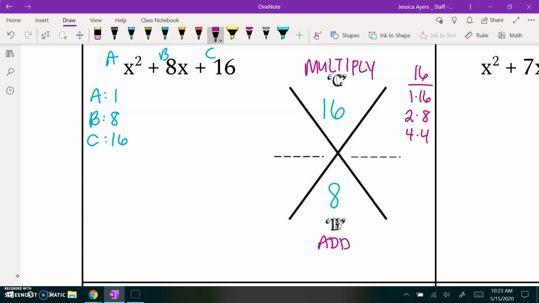You write out that list, that helps you to see that 4 times 4 is 16 and 4 plus 4 is 8. So we'll put plus 4 because 16 and 8 are both positive, so we need our signs to be the same. From there, we can then make our shell.